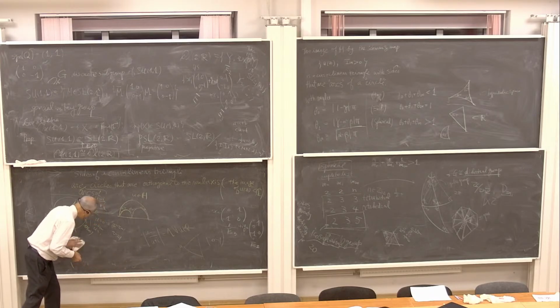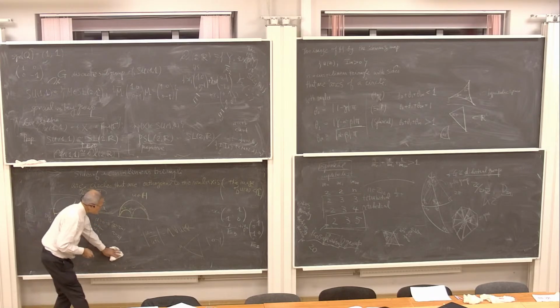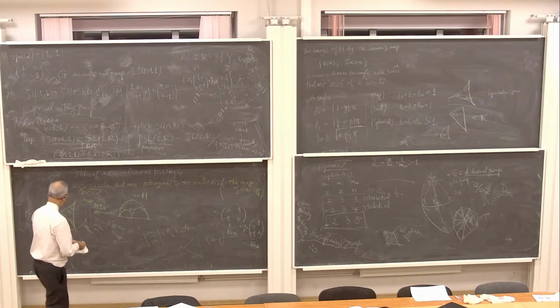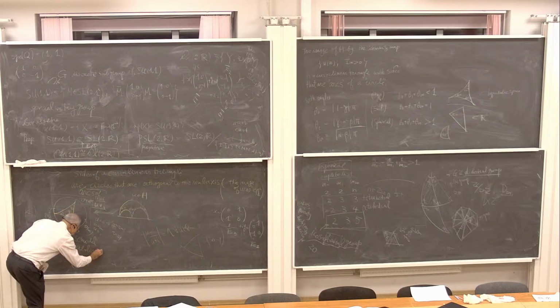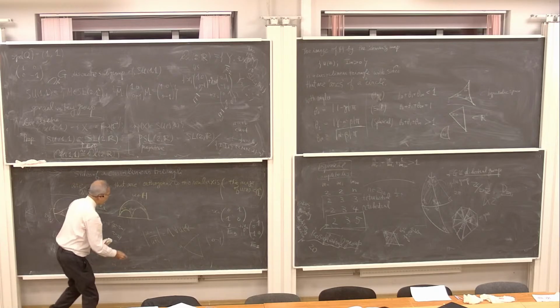So there are two models of a hyperbolic space: the unit disk model, and this is the upper half plane model.